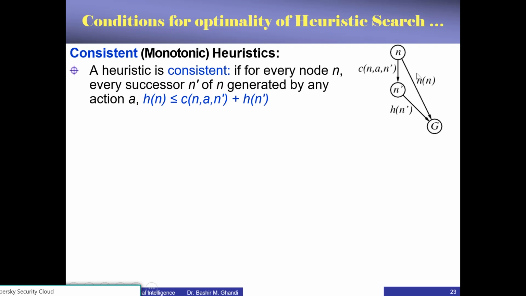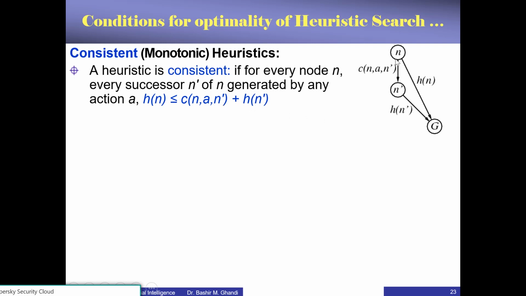Then the heuristic function h will be consistent, or monotonic, or non-decreasing if you like, if the estimate to the goal that you're going to get from n is going to be less than or equal to the cost from n to n prime plus the estimate from n prime to the goal. As you can see.